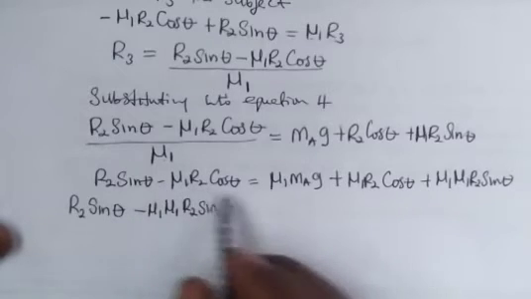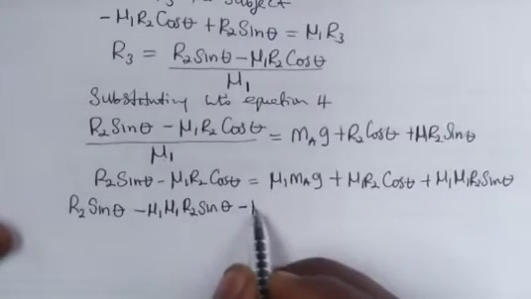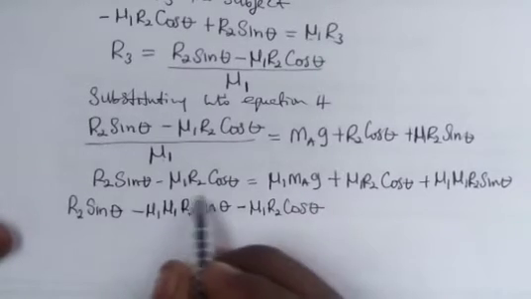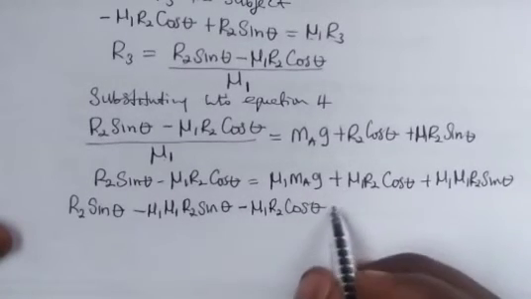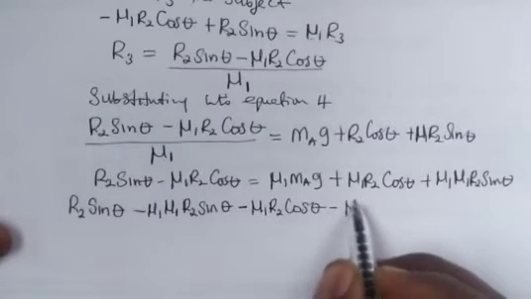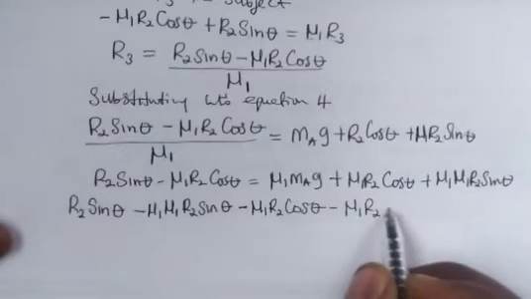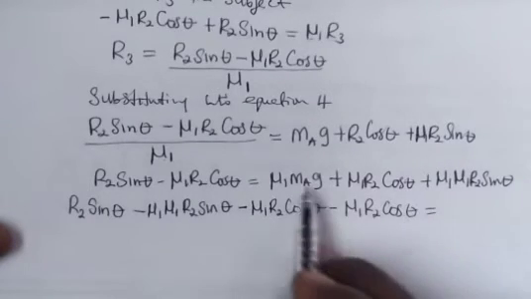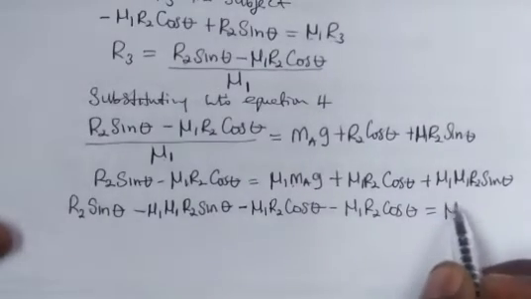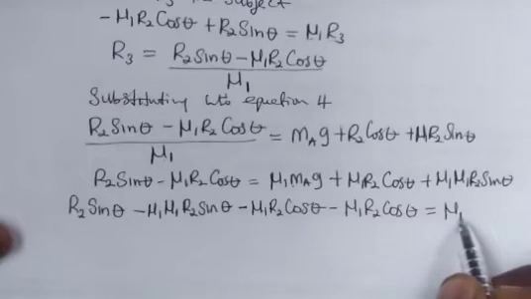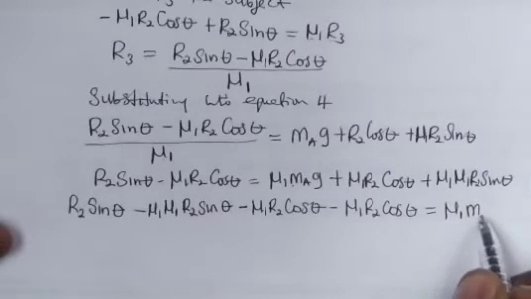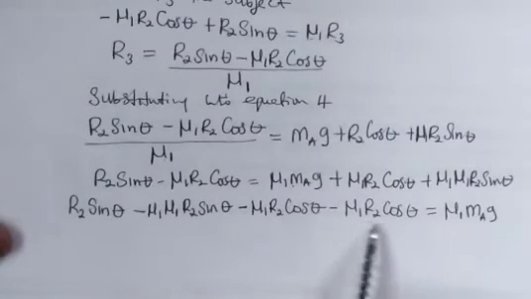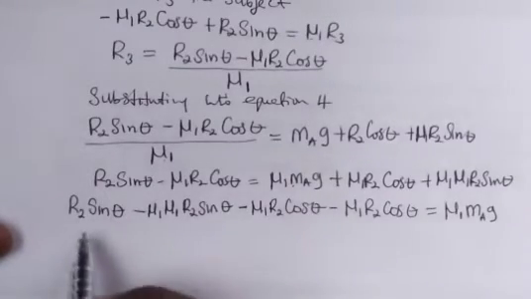To the next one, minus mu1 r2 cos theta, which is this, and when this comes here, it turns to minus mu1 r2 cos theta, equals to this guy here, which is mu1, the mass of wedge A times gravity. Now if you look at all this through, R2 is common.